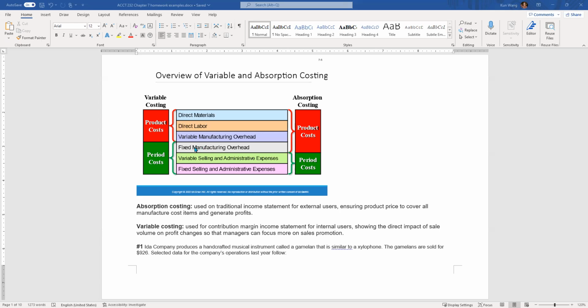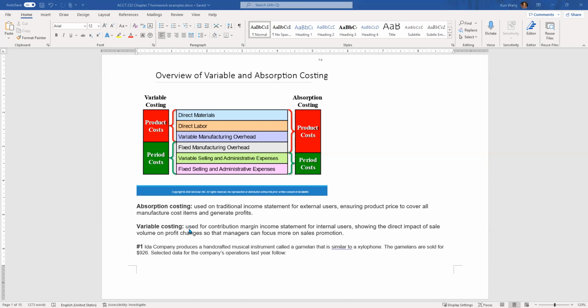So all of the total fixed overhead is expensed. In that case, the profit number under variable costing and absorption costing will be different when the production units and the sales units are different, because we put a different amount of overhead deducted in the income statement.